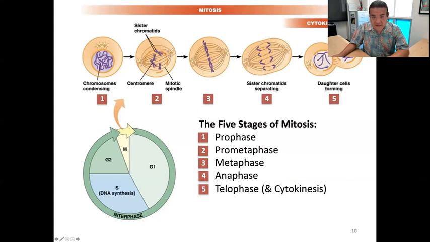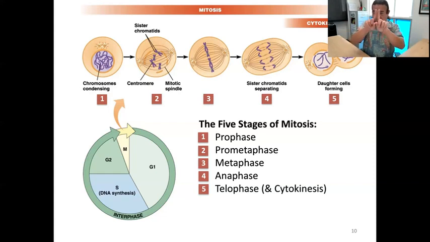During metaphase, these spindle fibers line up all the chromosomes along an imaginary central metaphase plate. During anaphase, these microtubules start shrinking away and pull the sister chromatids apart.